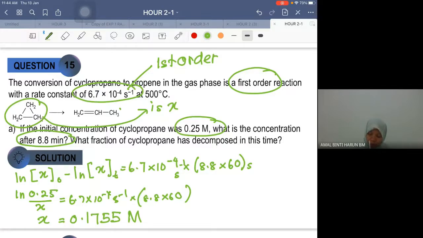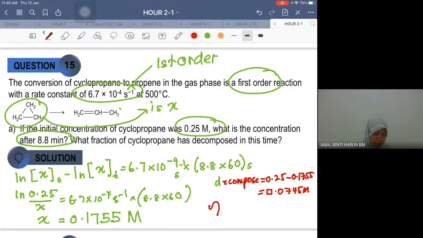So you boleh cari, initially it's 0.25, decompose dia 0.25 minus 0.1755. So yang telah decompose adalah sebanyak 0.0745 molar.